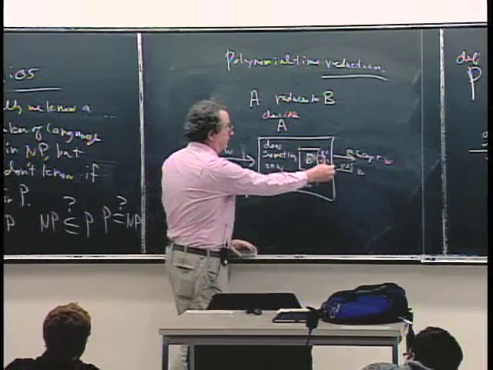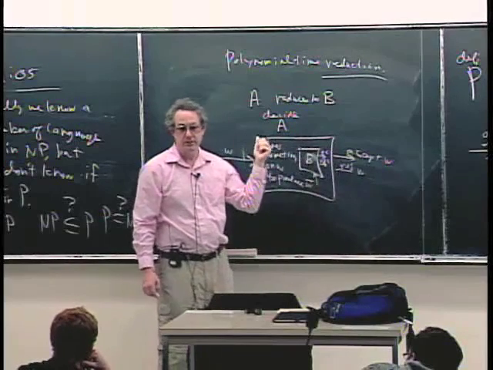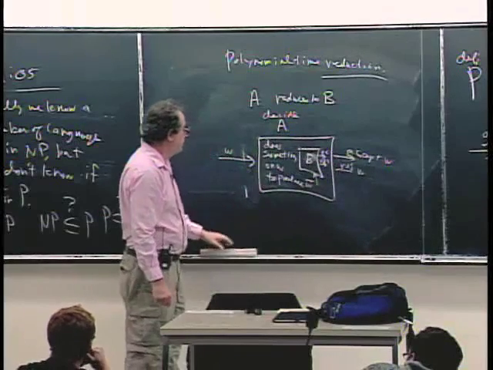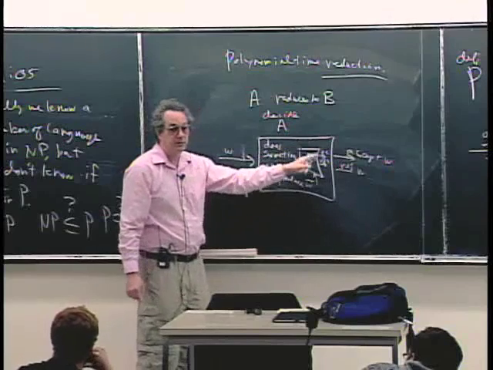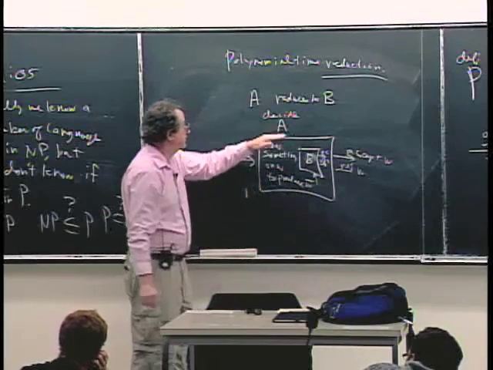We've also seen cases where it crosses. Accept out of B means reject, and so on, for A. But the point is that you can use B in here to build up a Turing machine that decides A.